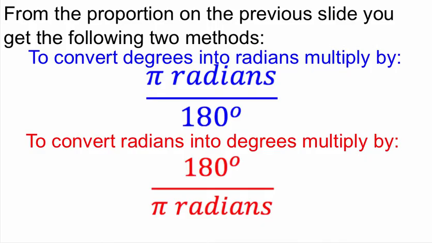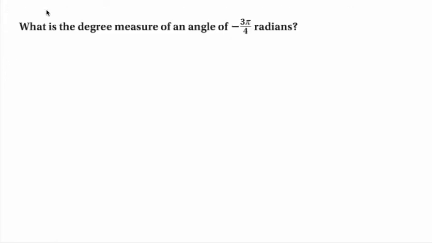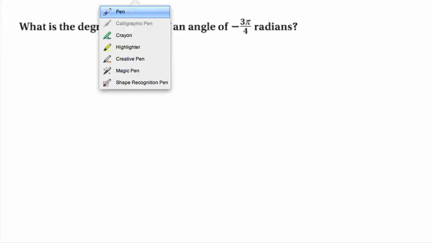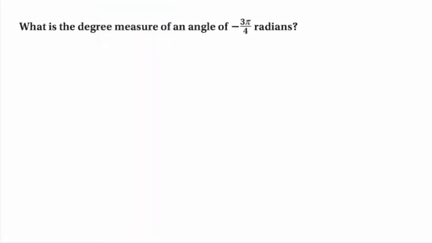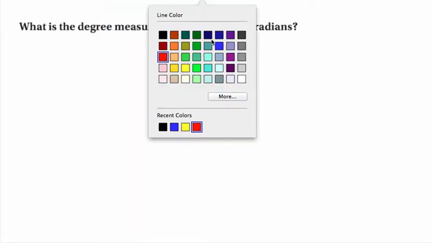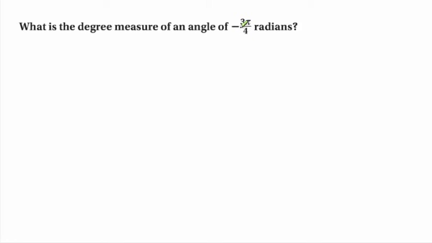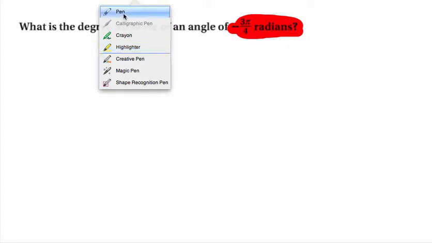I'm going to go back to this slide. I want the degree measure from radians, so I'm going to highlight this red to remind me that I need to be using my red formula. So I'm even going to write in red.